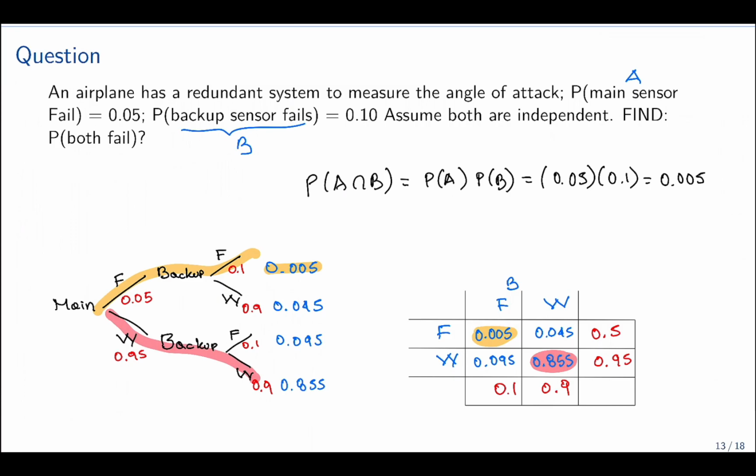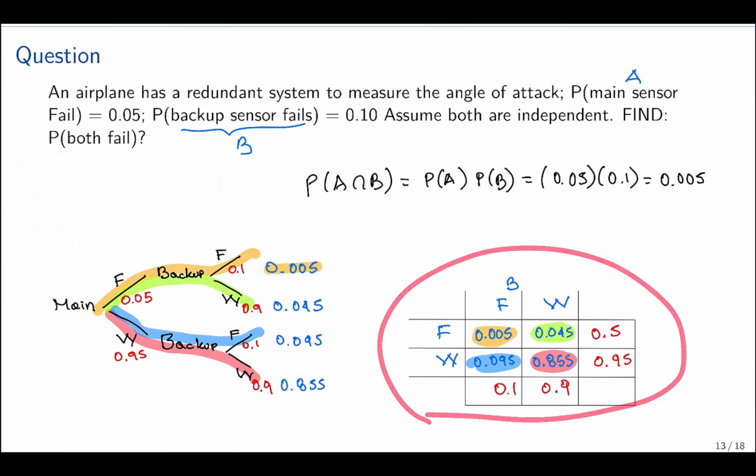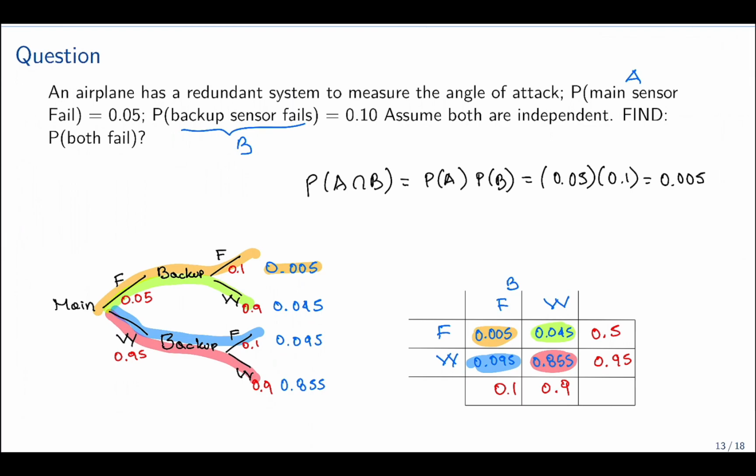And then we have the probability that the main fails and the backup works, which we also want to be small. Apparently it is not that big. Fail and work, 0.045, and finally the probability of work and fail, that's 0.095. And that is how we also organize this information in the contingency table.